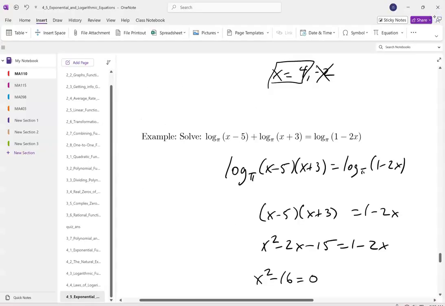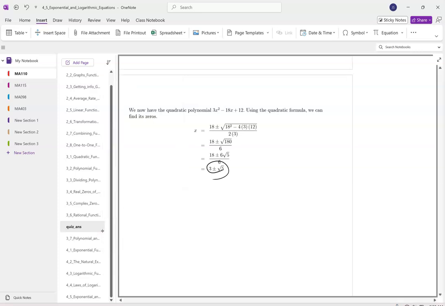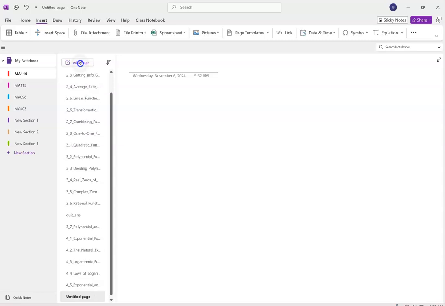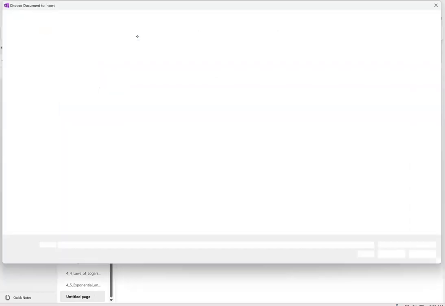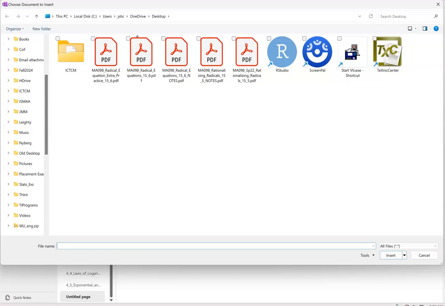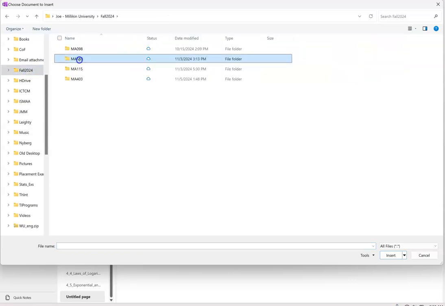Give me just a sec here because I think I forgot to add in my page. There we go. Print out. I forgot to put this in before class. Out of sorts today.